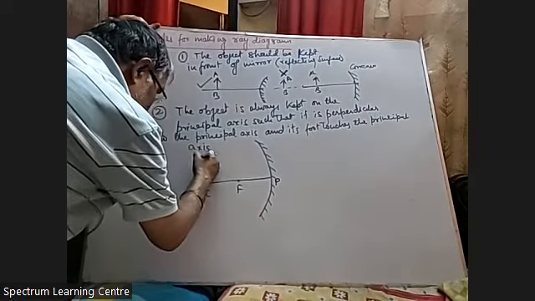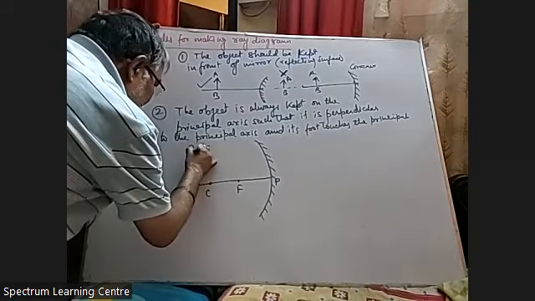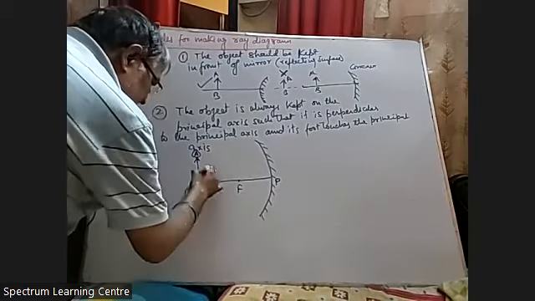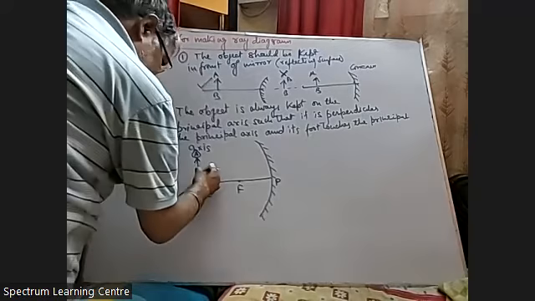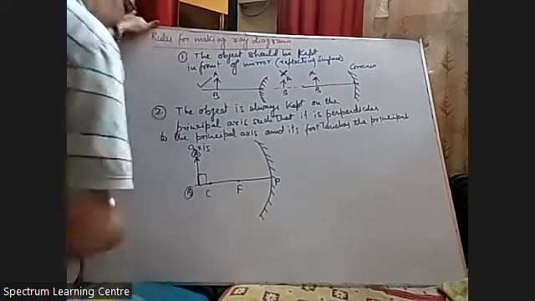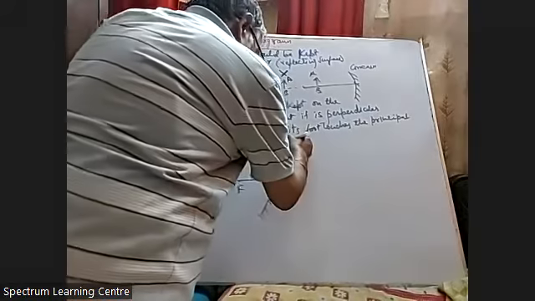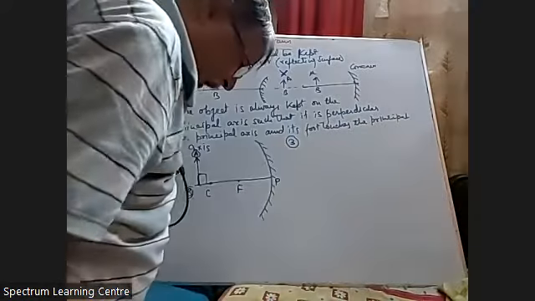It should be perpendicular. Now A and B. B is the foot touching the principal axis and this angle is 90 degrees. Clear? The third rule is not that important.